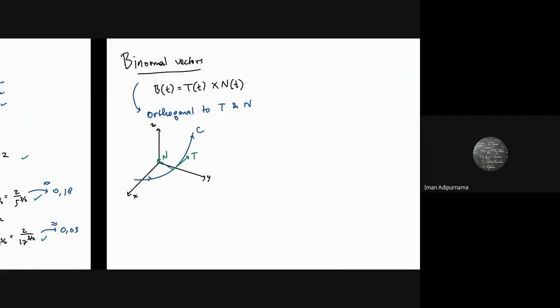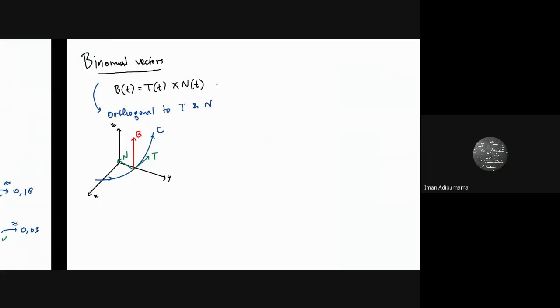So T cross N will be here, B. Okay, that's the definition of the binormal vector.